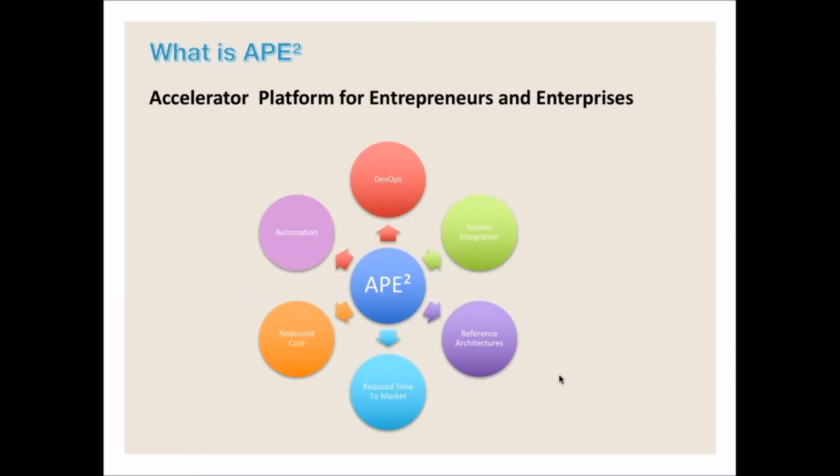So that's the automation part we're talking about, and built-in DevOps from the beginning to the end. You have all DevOps going on continuously, and the system integration. This would actually reduce a tremendous amount of time that you would put to the project, and as a result of that, you would have a very much reduced cost.